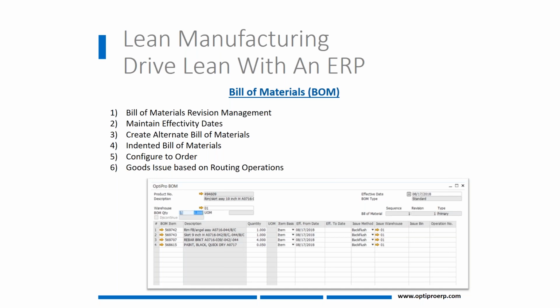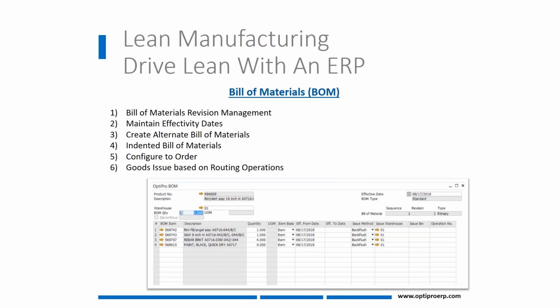As we drive toward lean manufacturing, something that comes up more and more, we start to move from a make-to-stock environment, i.e. I make it in a multitude of different configurations, features, and options, and I put them on the shelf and I wait to sell them. Well, hey, if you're lean and you understand the concept of lot size 1 and understand that I'm only going to produce for sales orders, well, hey, I've got to have a whole lot more flexibility in what I manufacture and how I manufacture it.